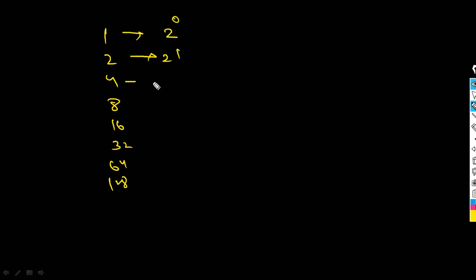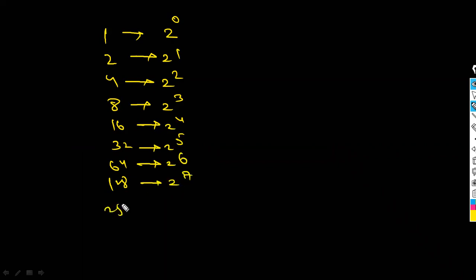So this way we memorize 1, 2, 4, 8, 16, 32, 64, 128. So this is your 2 raised to the power 0, 2 raised to the power 1, 2 raised to the power 2, 3, 4, 5, 6, 7.